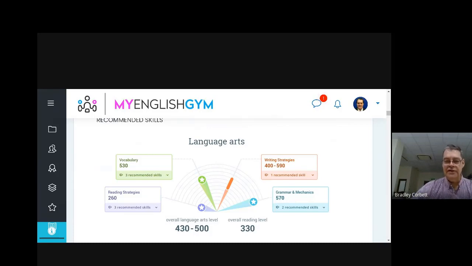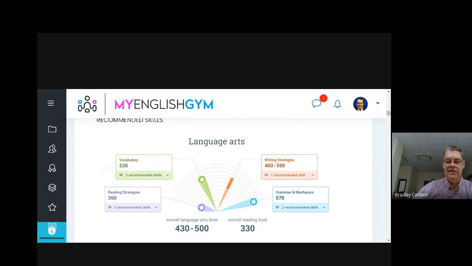So after they take the initial diagnostic, they will get something that looks like this. You can see that we test reading strategies, vocabulary, writing strategies, and grammar and mechanics. And very easily, by looking at this graph, you can see that the student has very good vocabulary and grammar skills, but their reading skills are much lower.